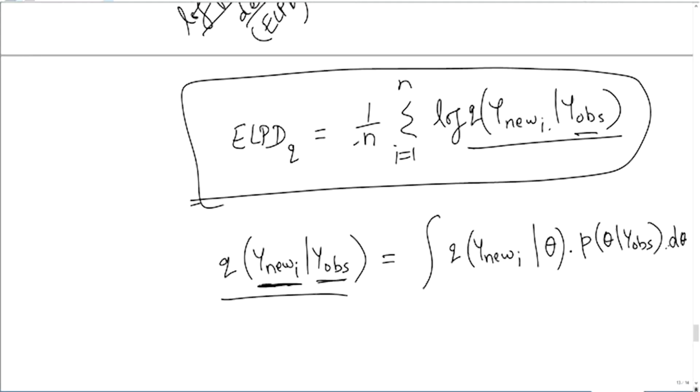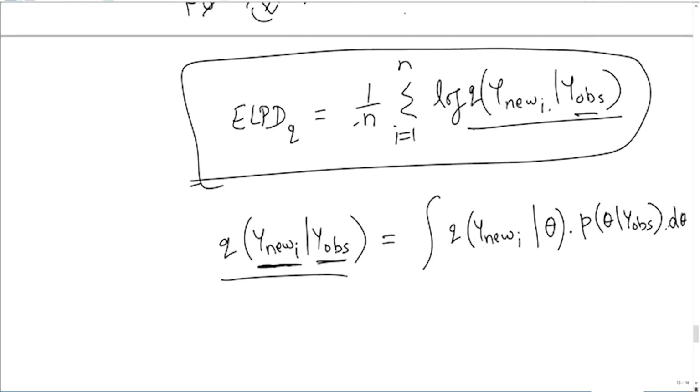So, this term is actually the marginal likelihood of observing this new data point y nu i given that the model is trained on y obs. In a way, it is the marginal likelihood of observing this new data point given the model which is trained on y obs, right. So, you can write it in this way.